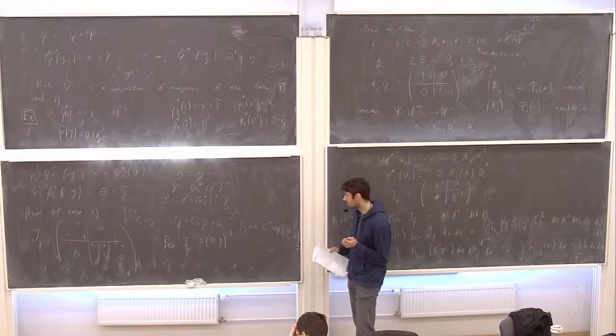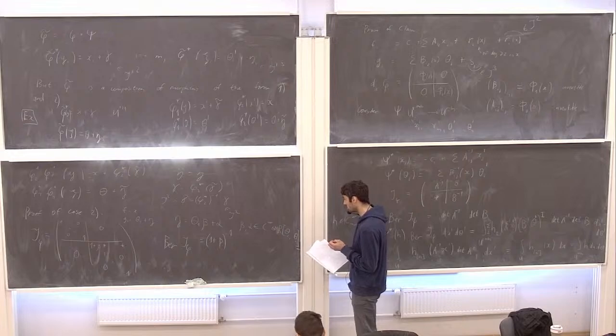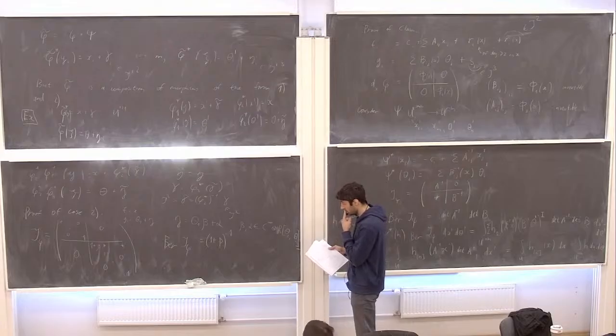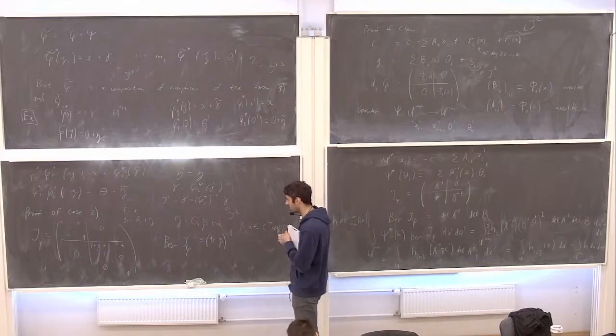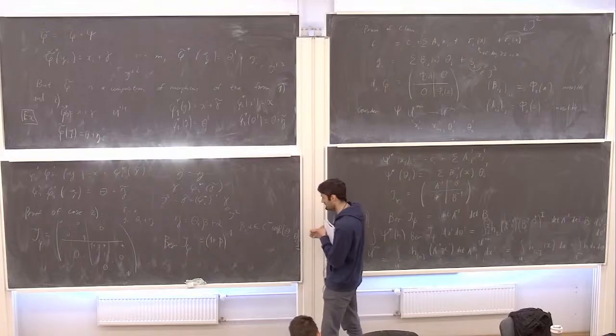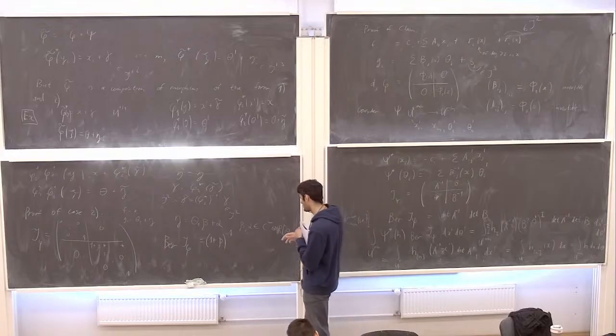All right? And 1 plus beta inverse, and this inverse exists, by the way. I mean the Berezinian exists, but this is just beta.